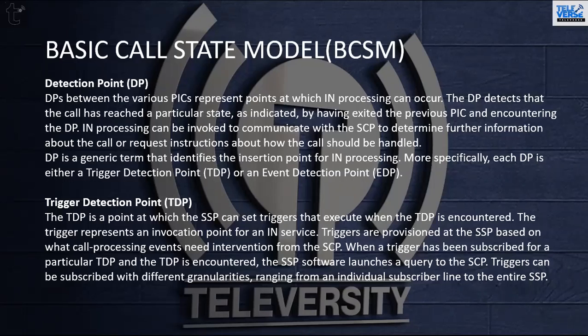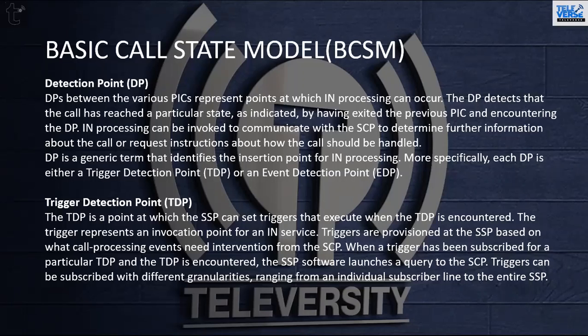Okay, IN processing can be invoked to communicate with SCPs. So we have the trigger detection point and the event detection point. Take note: trigger detection point and event detection point. An example of a trigger detection point is when the MSC sends a request to the IN.